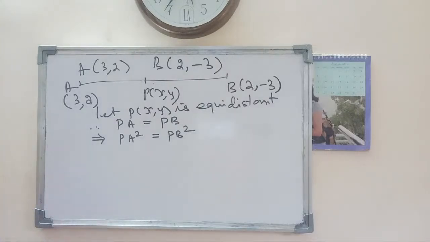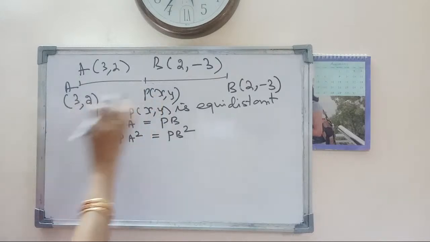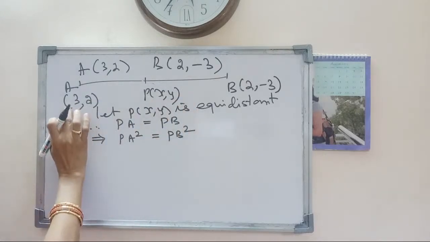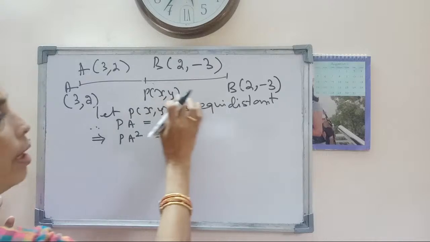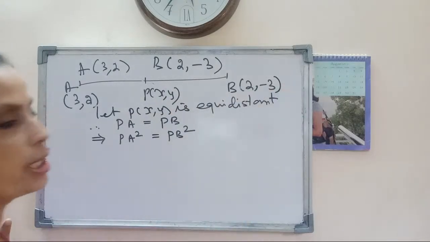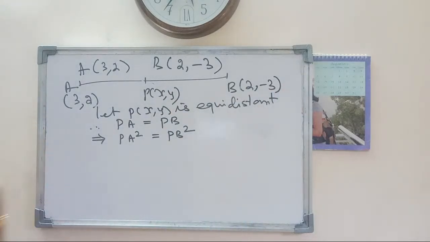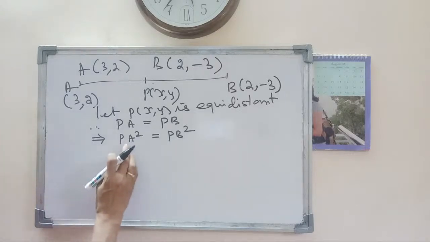Completed? Now PA: x1, y1, x2, y2, and the same for PB. For LHS and RHS we have to prove. Okay? So what will you get?